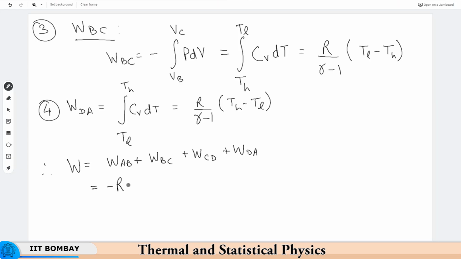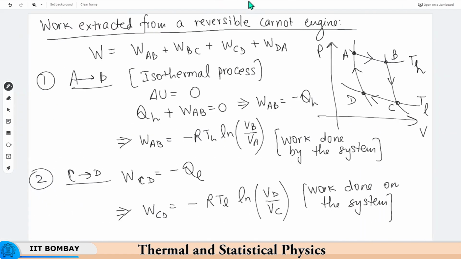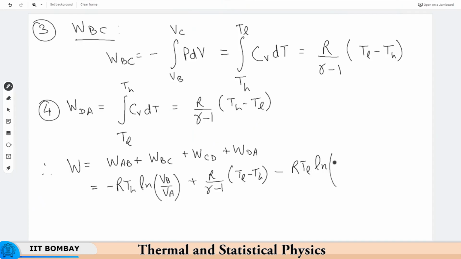This is minus R TH log of VB by VA, plus WBC, which is R divided by gamma minus 1 times TL minus TH, minus R TL log of VD by VC, plus WDA, which is R divided by gamma minus 1 times TH minus TL, and you can see that these terms cancel out.